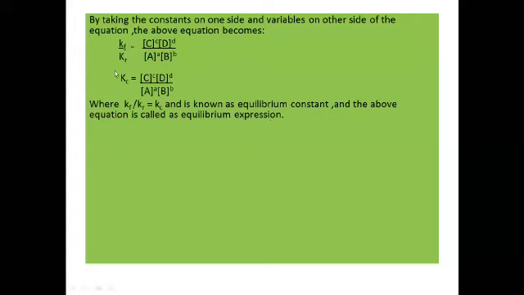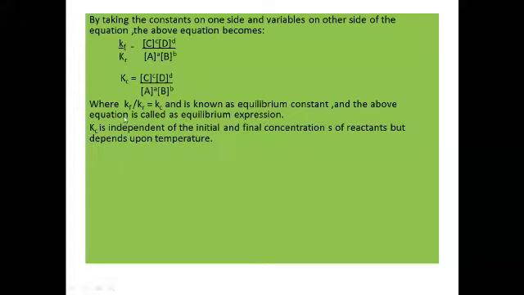With the help of this expression we can identify whether a reaction is in the equilibrium state, or it is still in progress and has not reached equilibrium. So by using this expression, we can get more information about a chemical reaction.